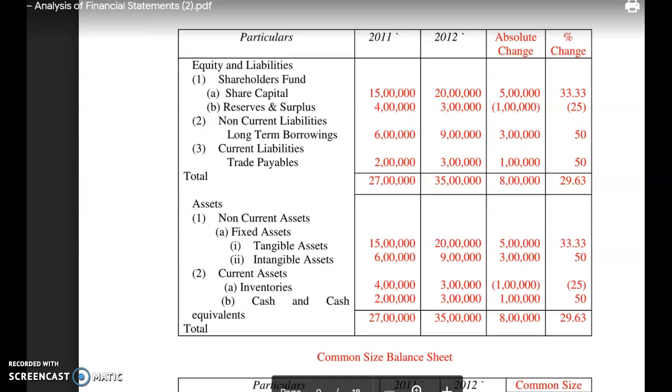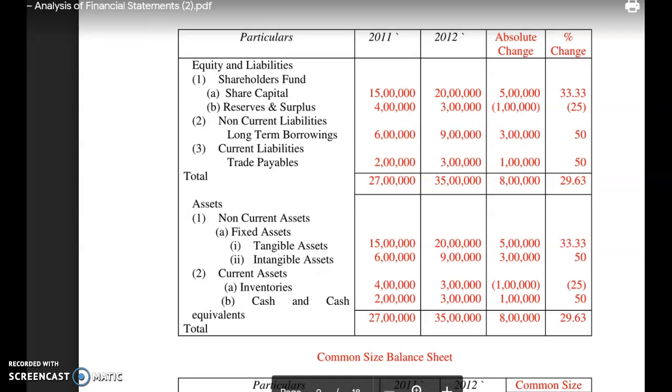Only one important point to keep in mind: the years given must be arranged as base year, then current year, and then the comparison should be done in absolute change, and in the final column you show the percentage change. Show the same for all the items of the liabilities as well as all the items of the assets.